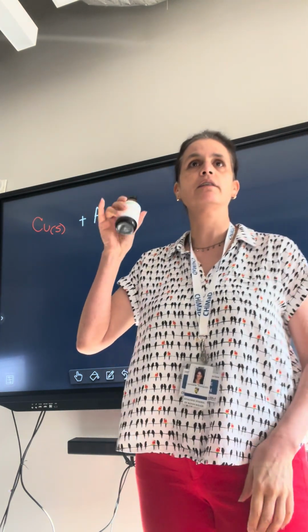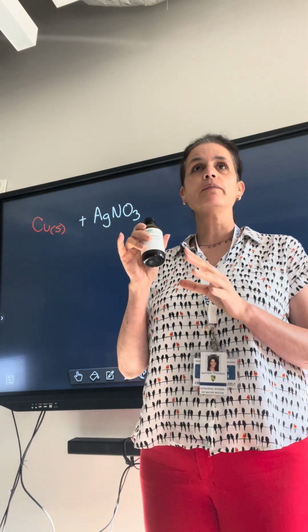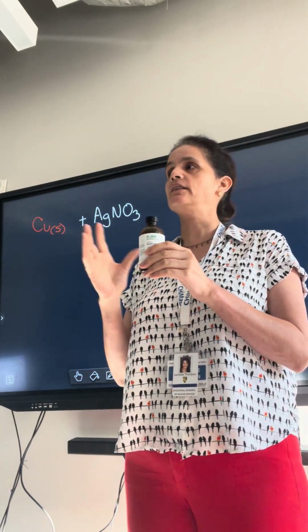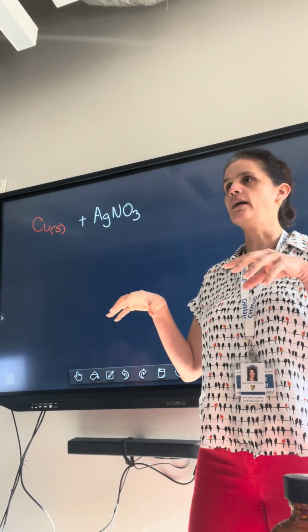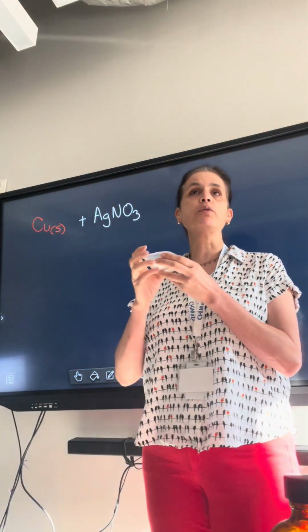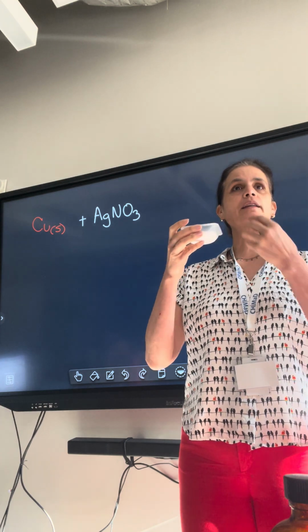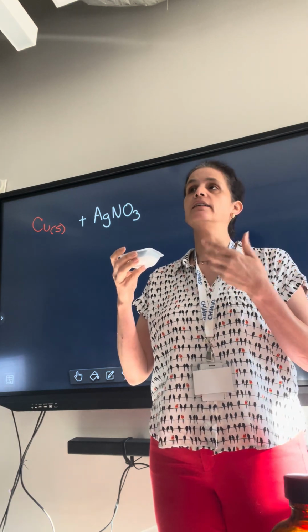It looks like this. It is not a liquid per se because aqueous, and this is a new concept for all of you, it's ions in solution, right? It's kind of like if I have salt or sodium chloride and I put it in water, right? That solution is aqueous.